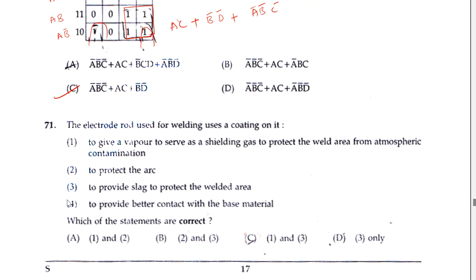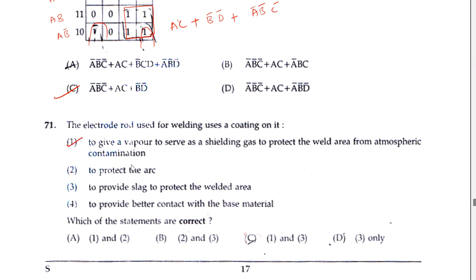The next one: the electrode rod used for welding uses a coating on it to give a vapor to serve as a shielding gas to protect the welded area from atmospheric contamination; to protect the arc; to provide slag to protect the welded area; to provide better contact with the base material. The correct options: the coating gives a vapor to serve as a shielding gas to protect the welded area from atmospheric contamination is one.